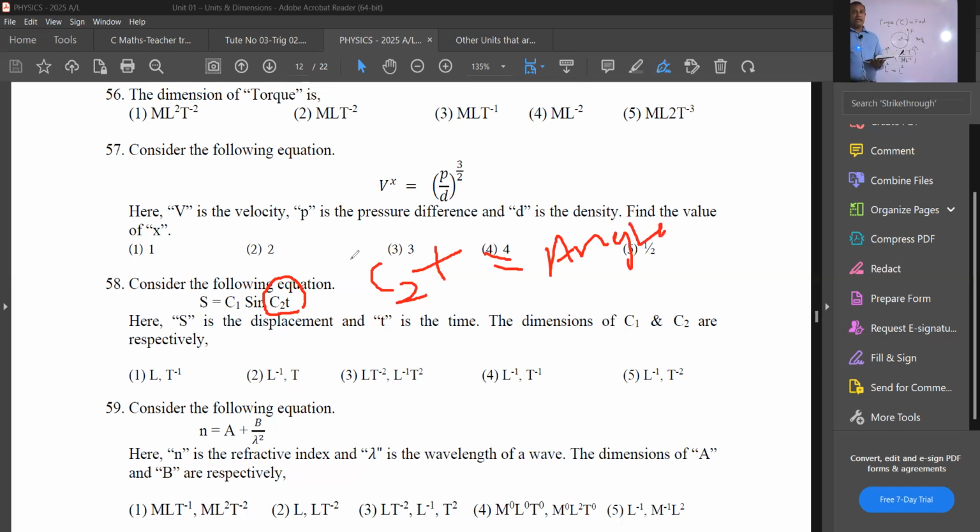So if it is an angle, C2 times t doesn't have a dimension. I know the dimension of t is time. So the dimension of C2 should be equal to 1 over t. So it should be equal to t minus 1. Do you get my point? Very good. Others?